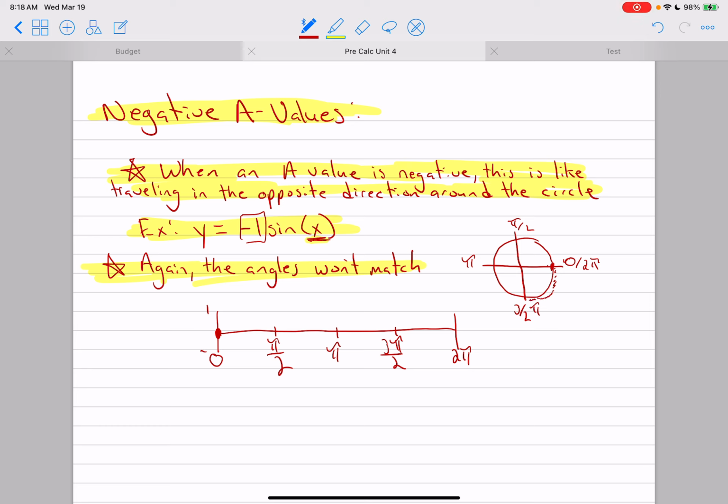So I'm at -1, which is right here. My second stop is back on the ground, which is right here. My third stop is at 1 above the ground, which is right here. And my fourth stop is back on the ground, right here.